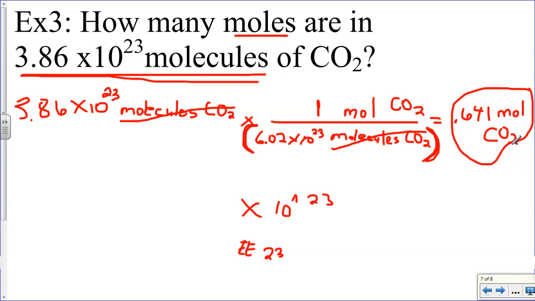Now, if you came up with some crazy power, I'm going to put this into my calculator without using those parentheses.